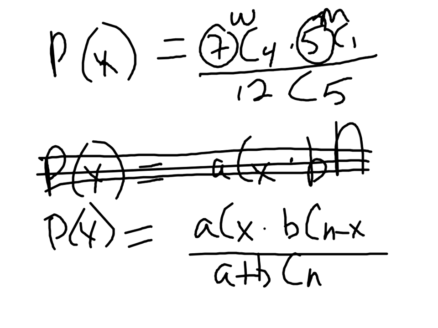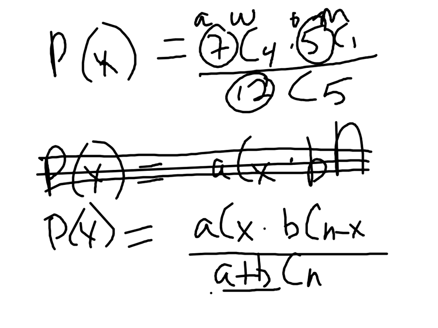Well, notice that this would be the A and this would be the B, and of course, 7 plus 5 would equal the 12 in our denominator. So there were 12 people we were choosing from, and 7 of those were women.